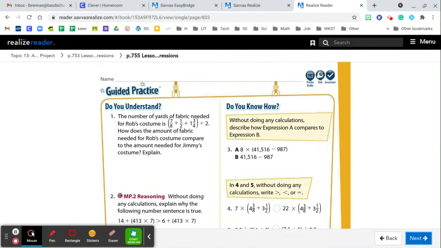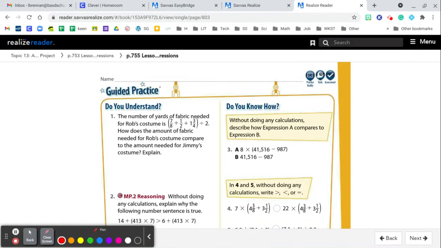The number of yards, well, we're not solving, we're just explaining. The number of yards of fabric needed for Rob's costume is 7/8 plus 1/2 plus 1 3/4 divided by 2. How does the amount of fabric needed for Rob's costume compare to Jimmy's costume? Explain.